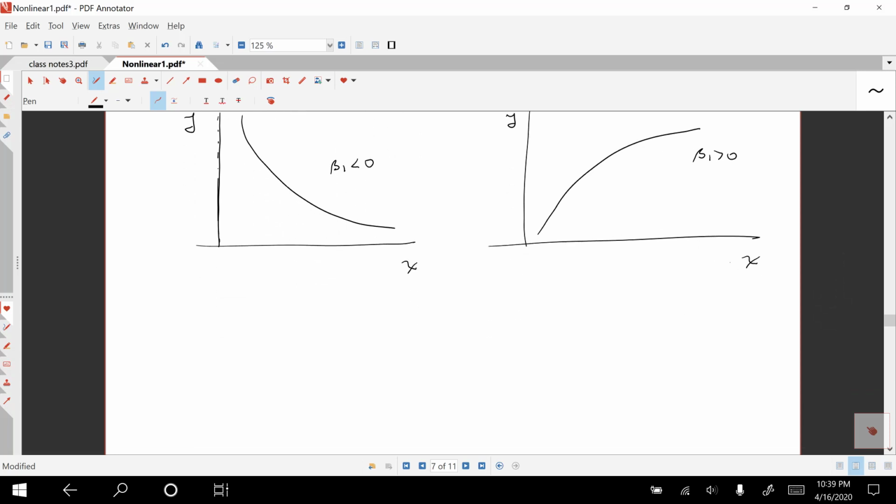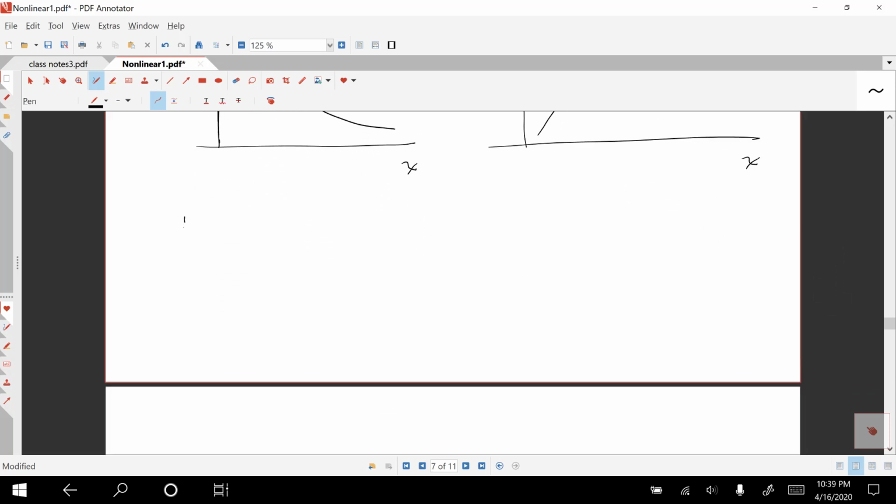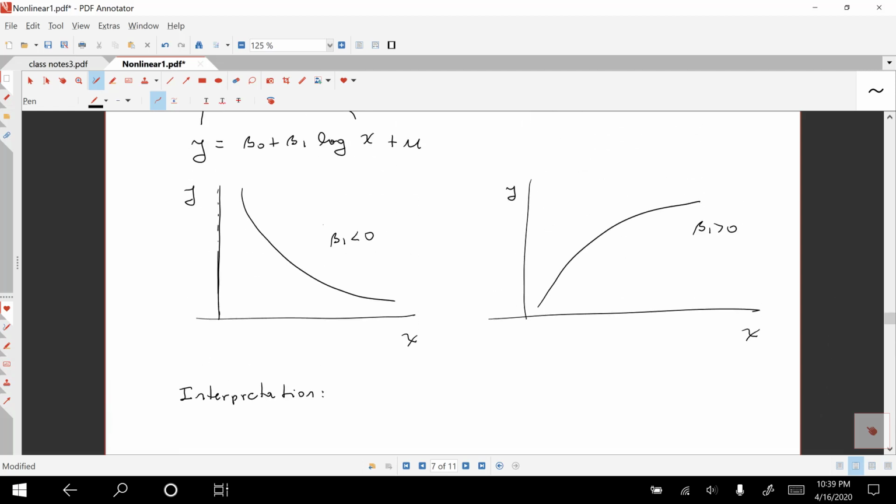Okay, so how do we go about interpreting the coefficients? Again, remember the focus is going to be on beta 1.